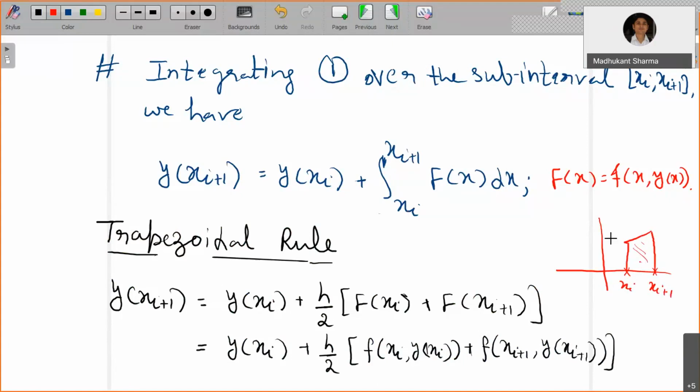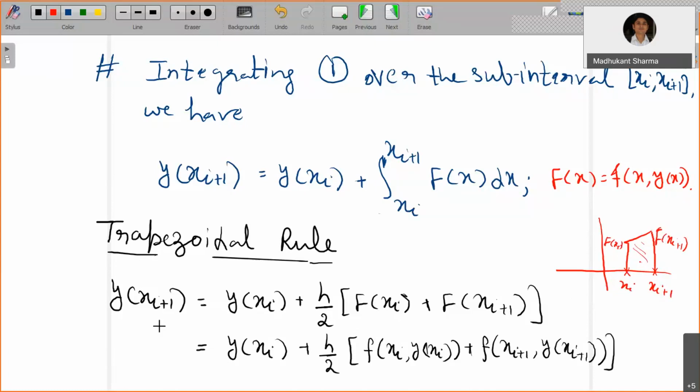This is f of x, this is f of xi, this is f of xi plus 1. Then you know the area of the trapezium is xi plus 1 minus xi times f of xi plus 1 plus f of xi by 2. But xi plus 1 minus xi is h, so h by 2 times this.